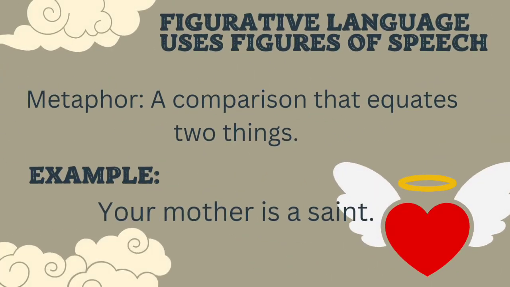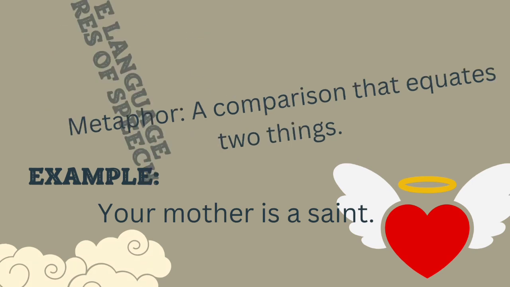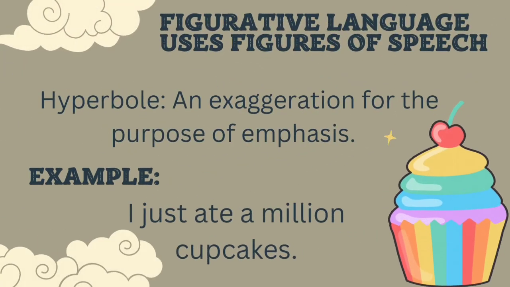Second example, a metaphor. It is a comparison that equates two things. For example, your mother is a saint. It is a metaphor that equates the person's mother to a saint. The mother is not literally a saint, but she is kind and gracious, much like a saint.